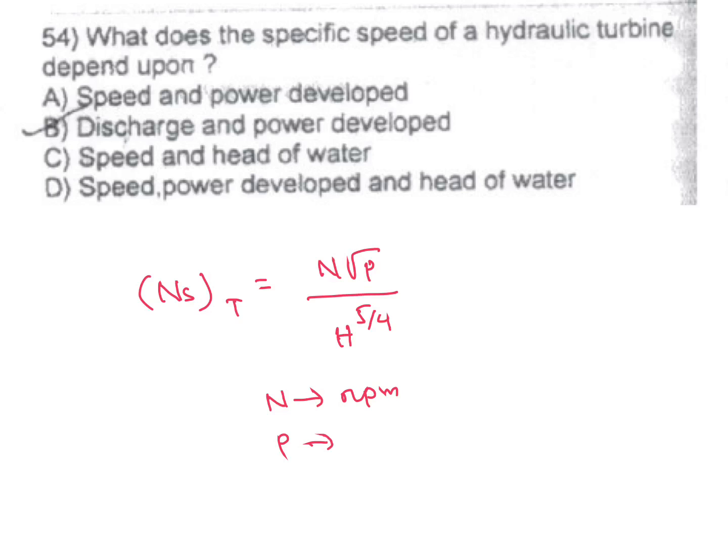P is power in kilowatt. This is very important. Power in kilowatt. Head, this is head H. So speed, power developed and head of water. D is the answer. Specific speed of hydraulic turbine depends on speed, power developed and head of water.